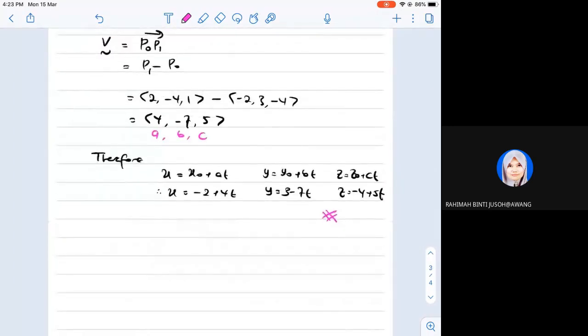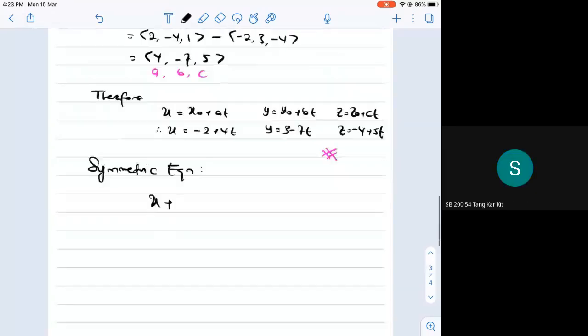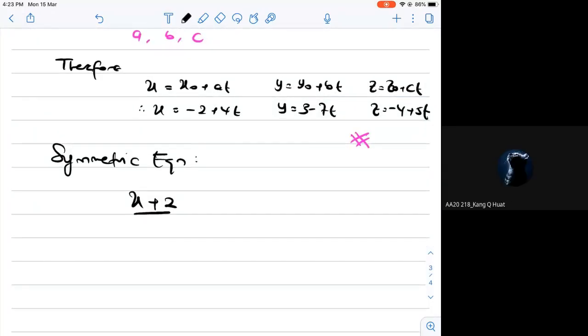Okay, let's say kalau saya tukar jadi symmetric equation. Macam mana ni? Ini parametric equation. Kalau symmetric equation, what happens? X minus or plus? Plus. Okay, pindahkan je. Over what? Over 4. Okay, very good. After that, Y minus 3 over? -7.